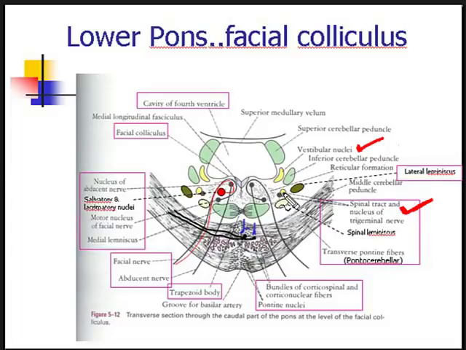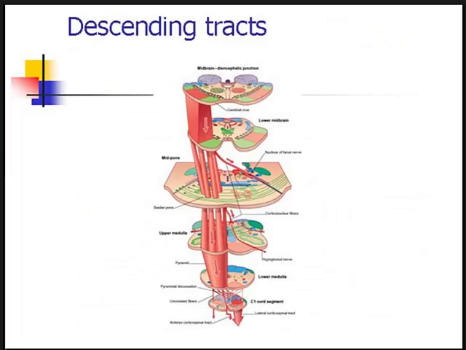The nucleus is the dark one, and the light one is the spinal tract, continuing from the medulla. Then we see what are called pontine nuclei. Just to refresh your memory, when we were doing the descending tracts, I showed you that in the midbrain these tracts were complete.